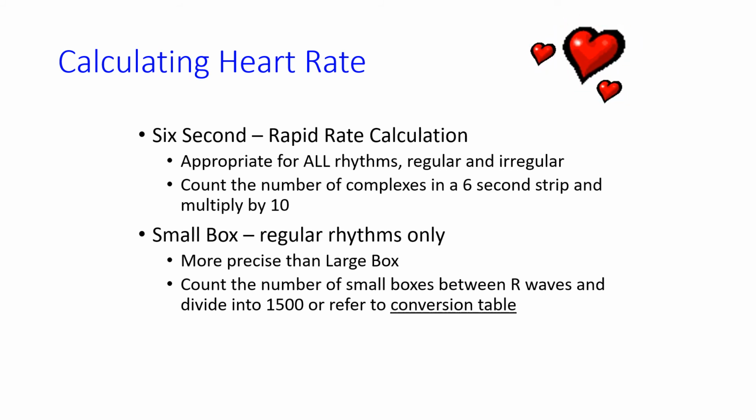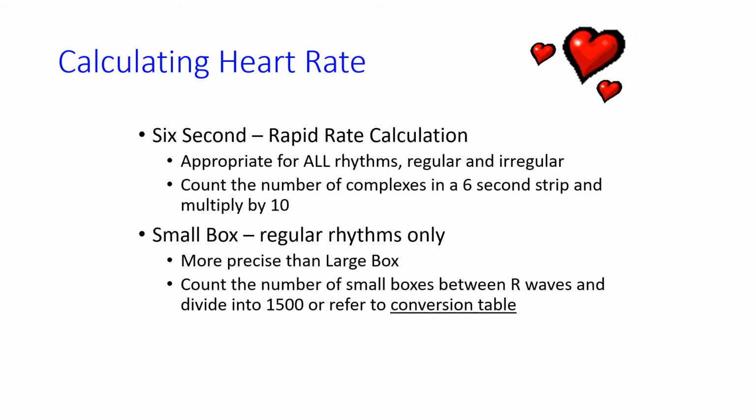This is important to remember, because even in your test and on your practice strips, if it is a regular rhythm, the expectation is that you will use the conversion table and come up with the actual heart rate.